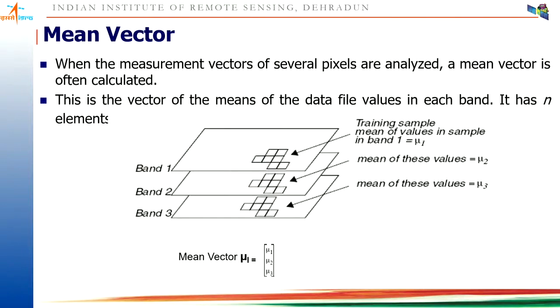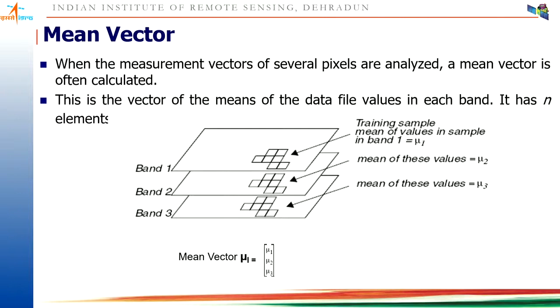Sometimes we are working not with one single pixel, we have to work with multiple pixels at a time. So in such cases, certain statistical parameters can be calculated for this group of pixels, and this is what we call the mean vector.